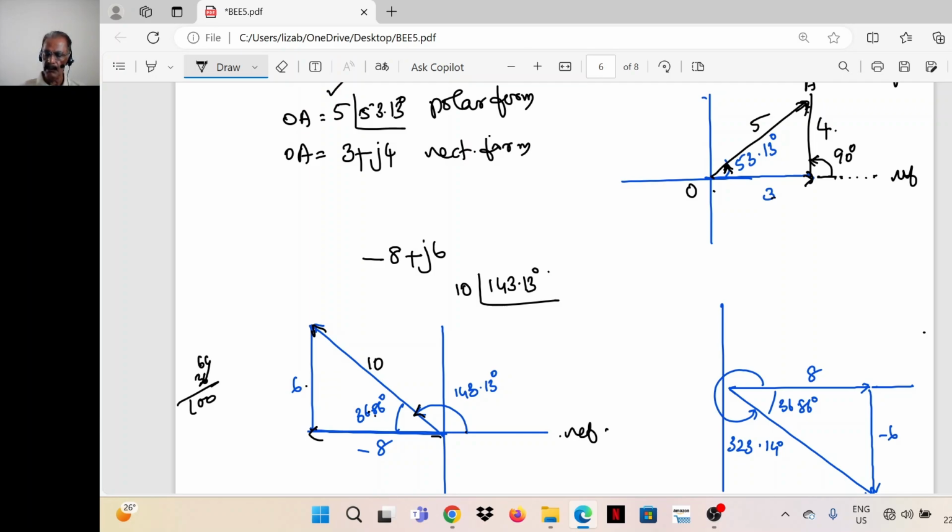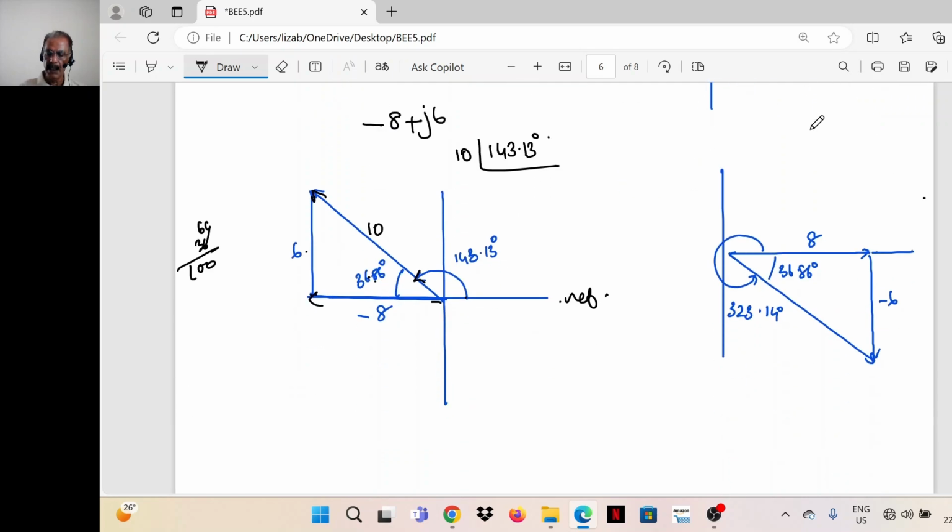Take another example. This is 8 minus j6. That is 8 in the positive x direction, and 6 units in the negative y direction. From this direction, here we are moving clockwise by 90 degrees. That is why minus 6.